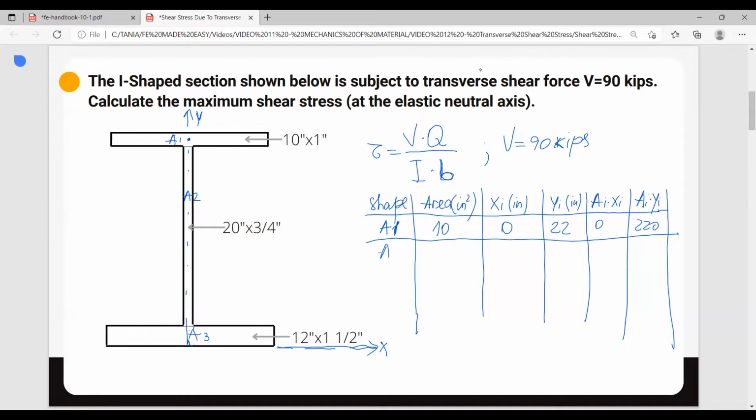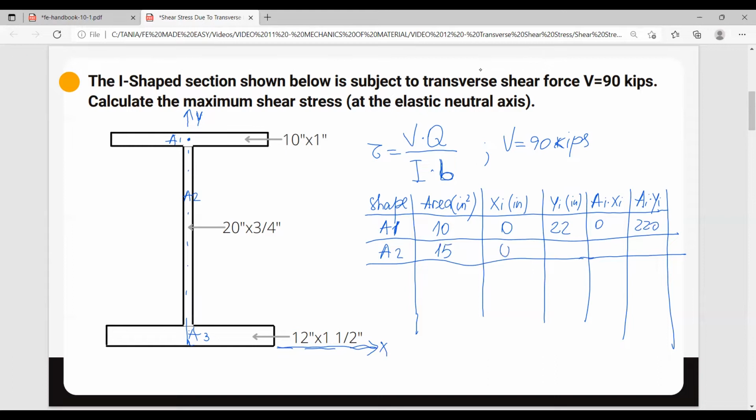Let's go to area number 2. We have 20 times 3/4 equals 15. The same thing here.